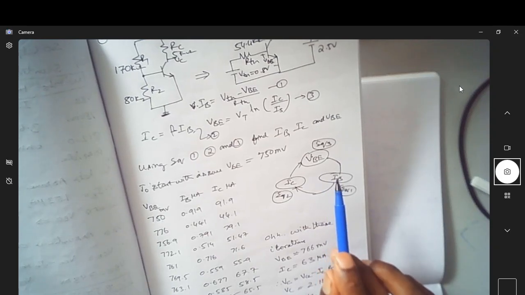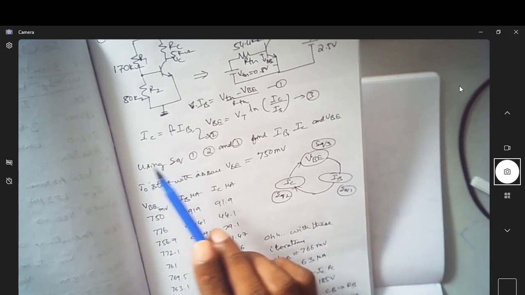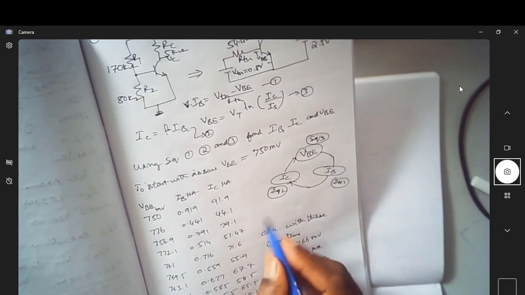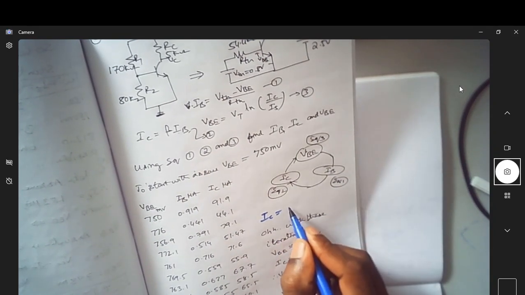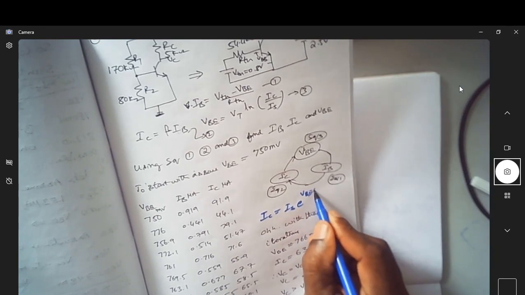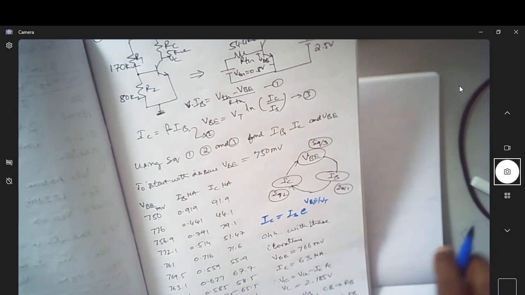Upon checking consistency, IC has two equations. One is beta times IB, and the other is IC equals IS exponential VB by VT. So it has to satisfy both of them.